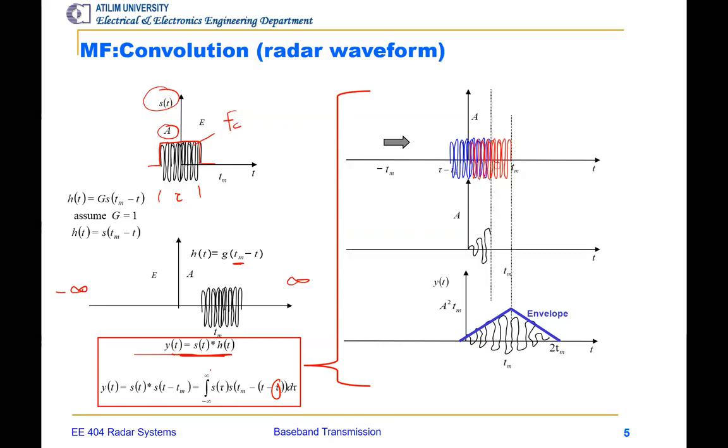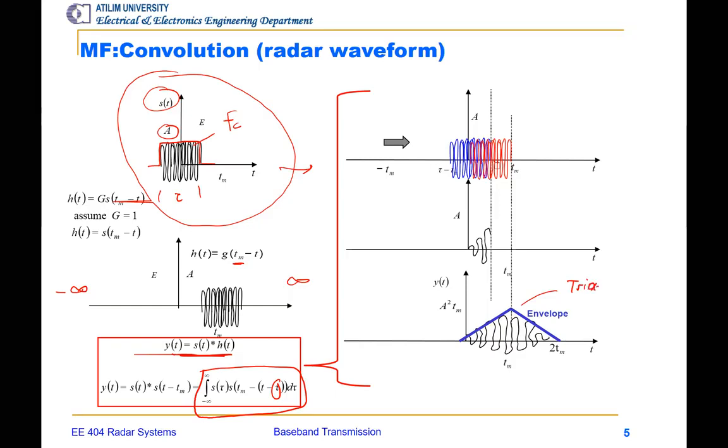This is a simple integration, as you can see here. We can do this in discrete form as a summation. And if we have a radar pulse like this, this sweeping will give us a sinusoid whose envelope follows a triangular waveform.